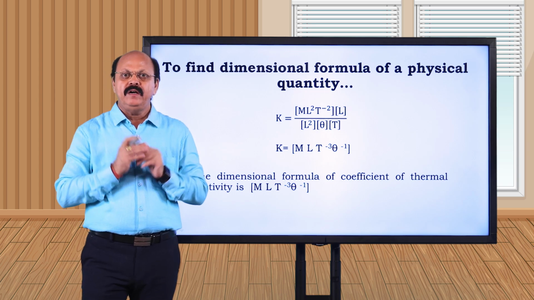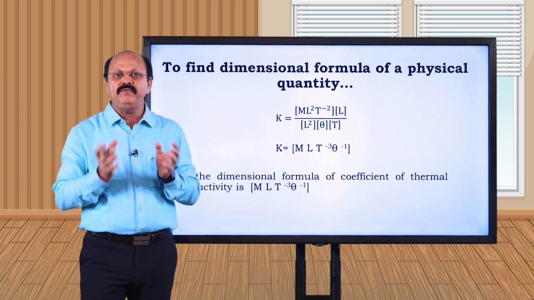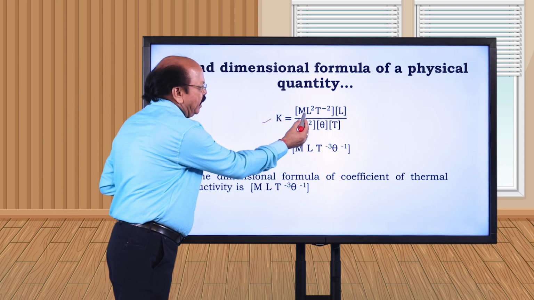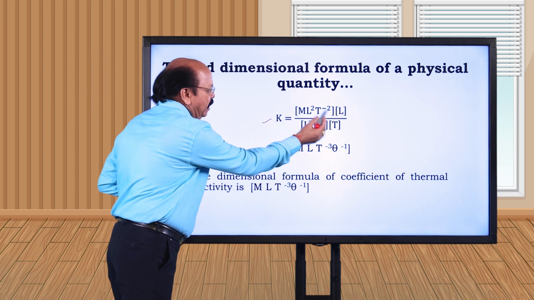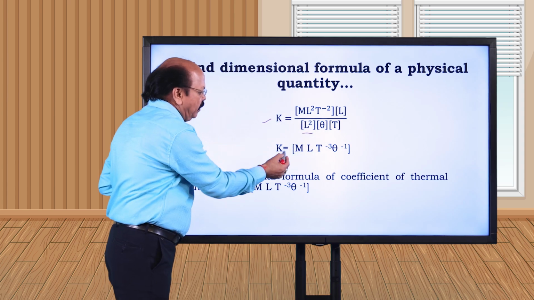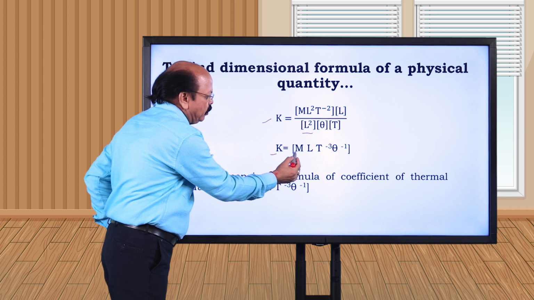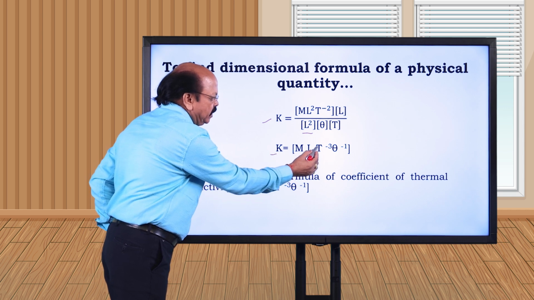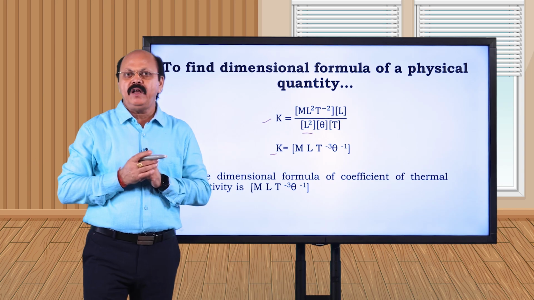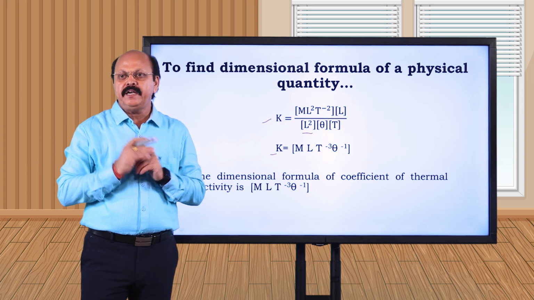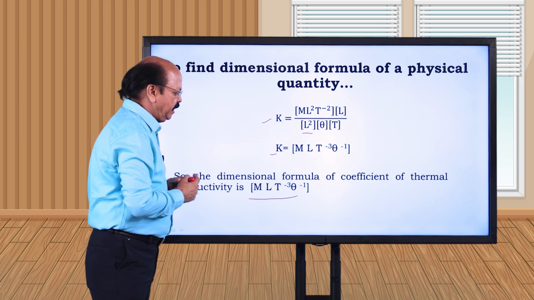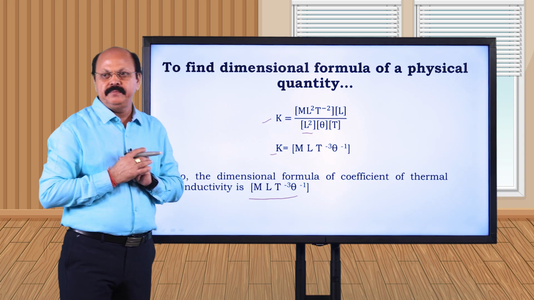Substituting the dimensional formulas of all physical quantities in the formula of K, it becomes [ML^2T^-2][L] upon [L^2][θ][T]. After solving it, K equals [MLT^-3θ^-1]. Thus, the dimensional formula of the coefficient of thermal conductivity is [MLT^-3θ^-1].